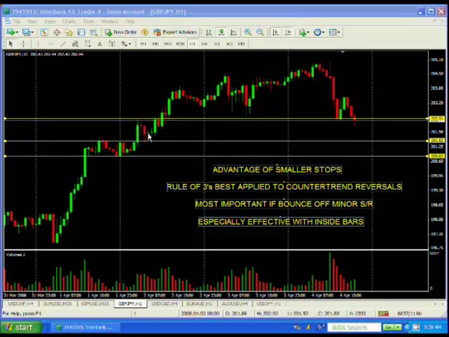This is how you can avoid missing an entry, because we get our pivot. This is going to be our swing pivot bar here, and the high of this bar is going to be our pivot point. Now, what if we didn't want to take a chance on missing our entry?